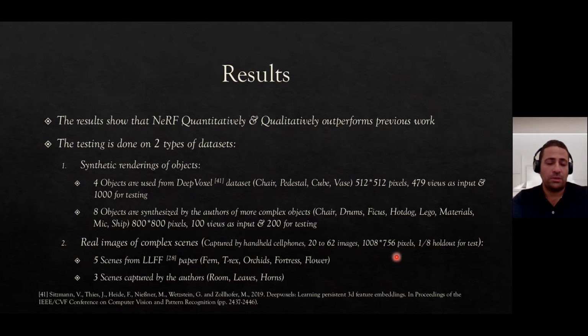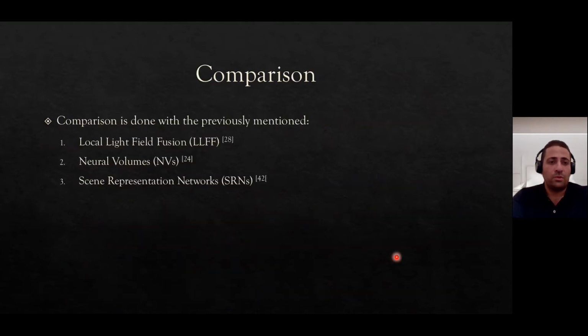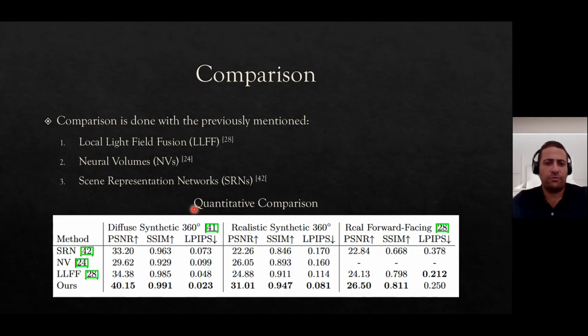Okay, so this is the data that they use to assess the NeRF method against others. The comparison is done against local light field fusion, the neural volumes, and the scene representation networks. I guess we discussed all of them in the related work section. So first, this is the quantitative comparison.